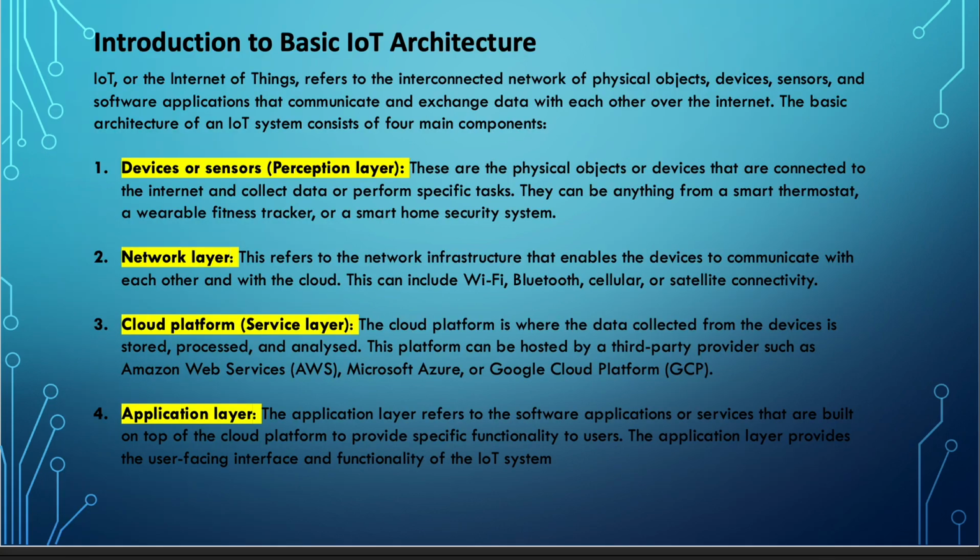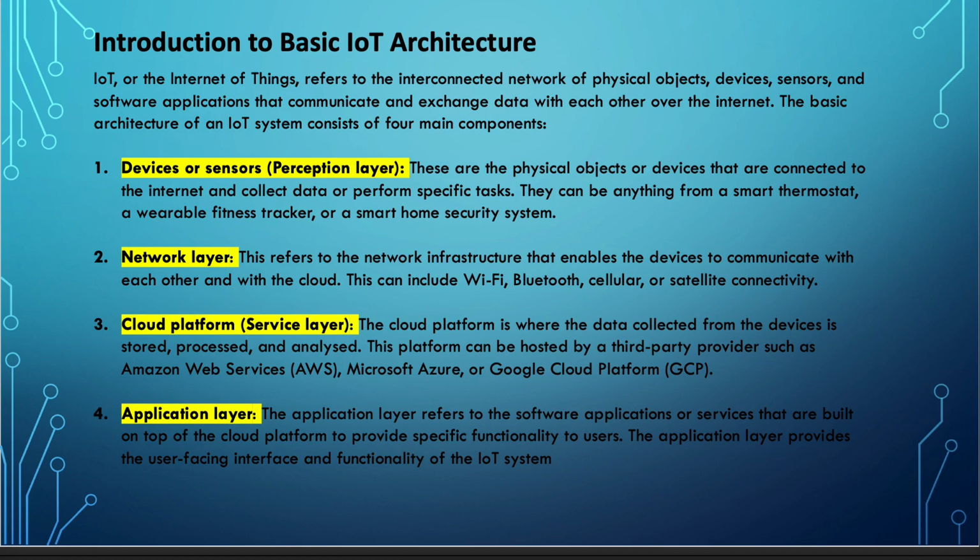Then we talked about the basic architecture, right? The basic architecture includes four layers: the perception layer, or the devices, or the physical layer, or we can say it's the hardware portion of an IoT system.